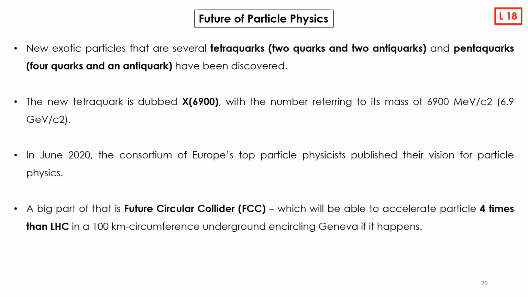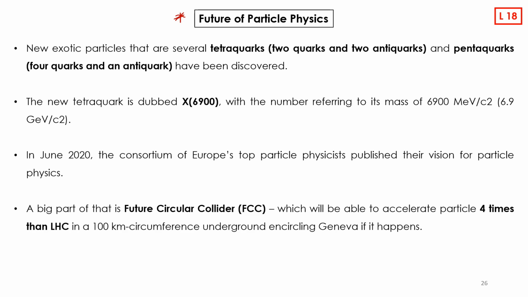What is the future of particle physics? This is something that you have to think about. If you are interested in pursuing particle physics, maybe these are the future works that you can do. New exotic particles have been discovered.